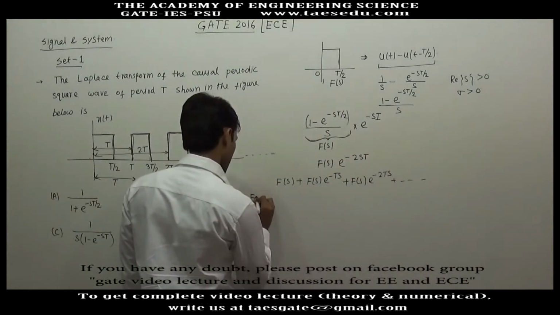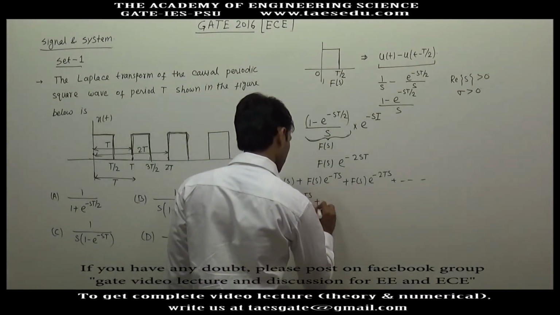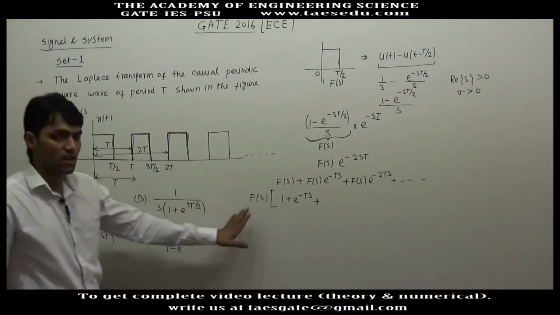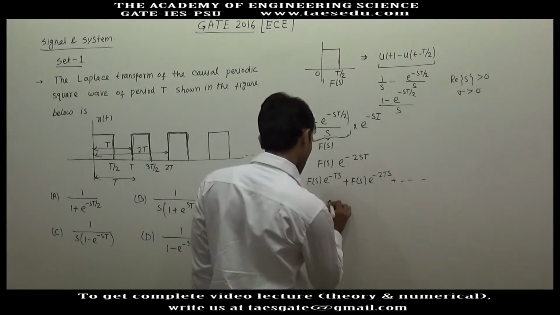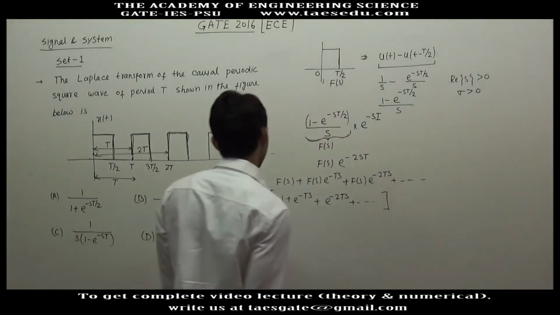F(s) is taken common, so it is F(s) times 1 plus e to power minus sT plus e to power minus 2sT up to infinity. This is a repeated question. The same question was asked in GATE examination in the 90s. I don't remember the exact year, but it was asked in the 90s.